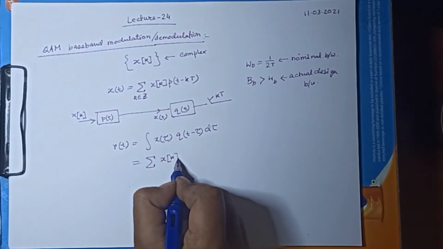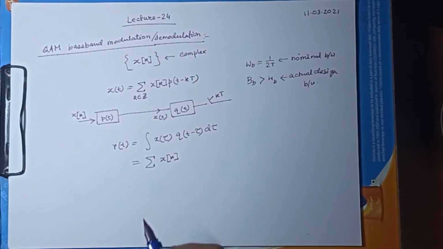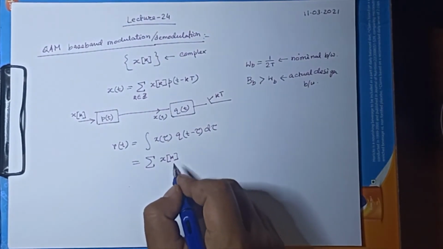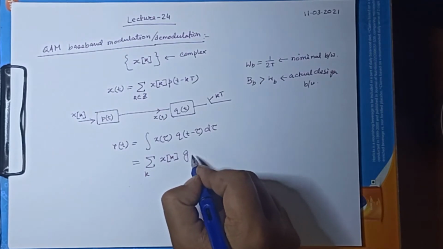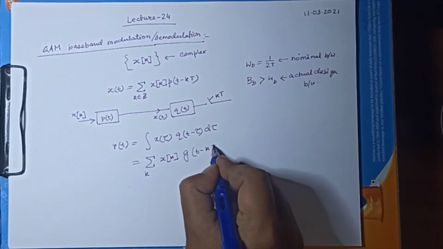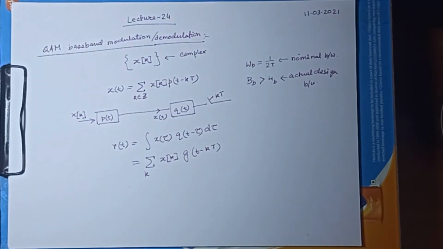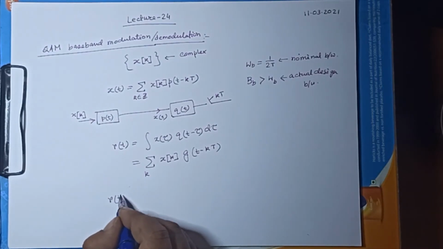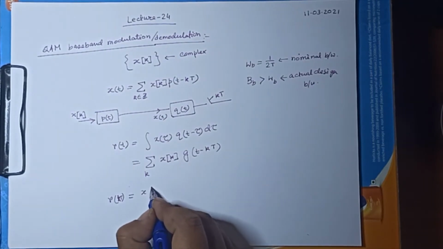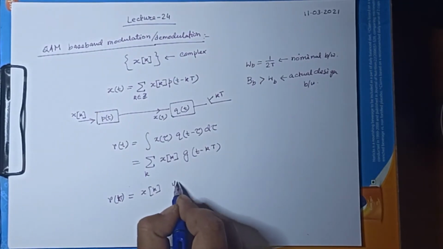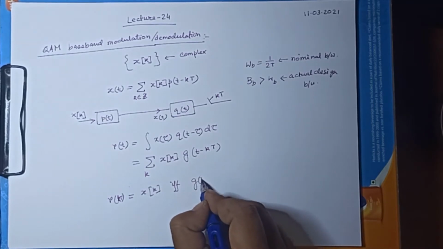So whether x is complex or real, it is irrelevant as long as we have our g ideal Nyquist. So r(kT) will be equal to x_k if and only if this g(t) is ideal Nyquist.